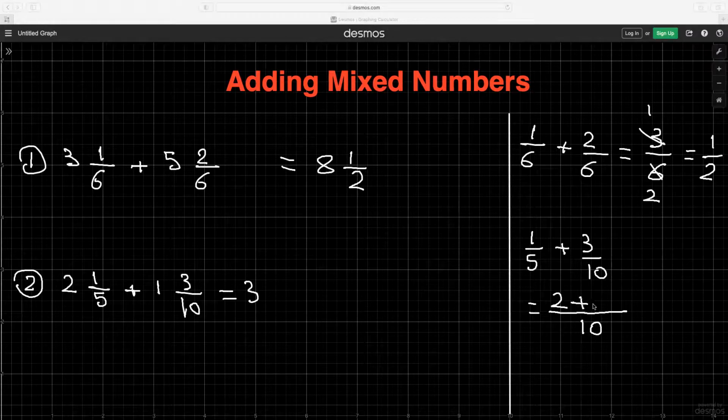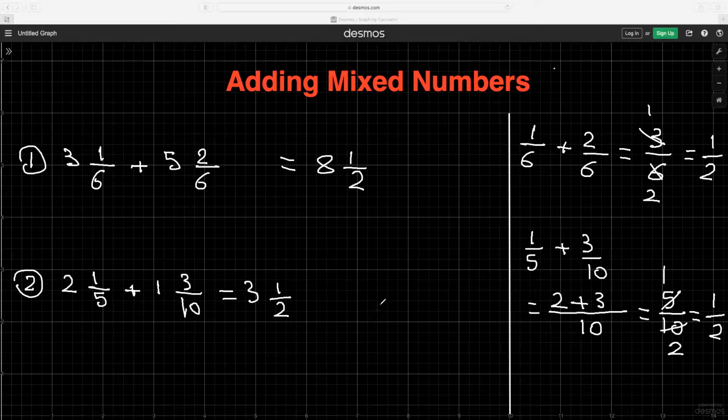And 10 divided by 10 equals 1 times 3 will give you 3. So 2 plus 3 equals 5, and then you want to keep the common denominator same. And then since we can reduce, 5 divided by 5 will give you 1, and 10 divided by 5 is 2. And you'll take that 1/2 and stick it right beside the 3, and you'll have 3 and 1/2.